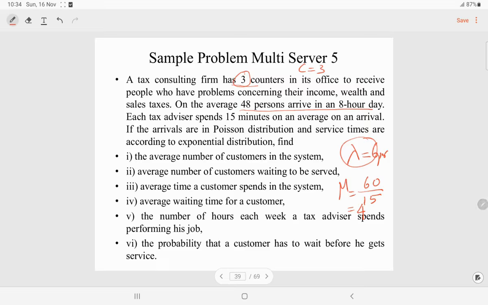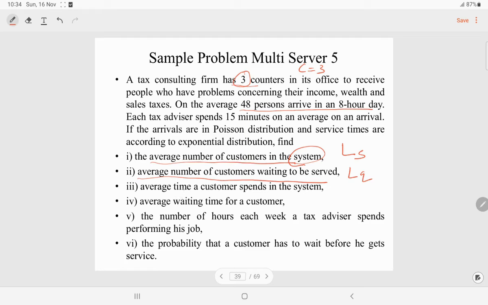Now we need to find the values for the following items. The average number of customers in the system. The average number is represented by L, and here it is asked for the system, that is LS. The average number of customers waiting to be served. The answer is waiting, that means LQ.